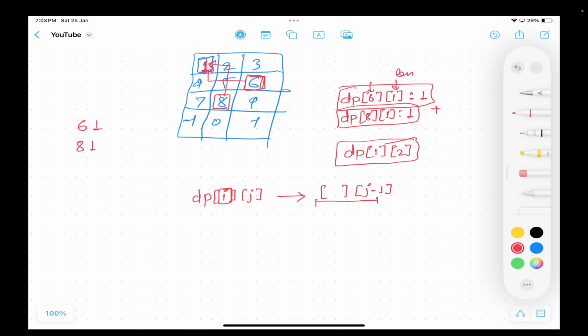And here the possible values are all the cases from where you can reach i. So this is the obvious solution for this problem.